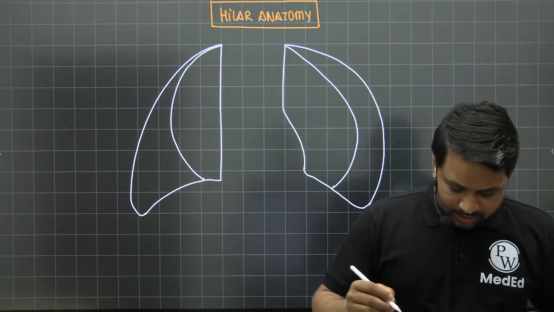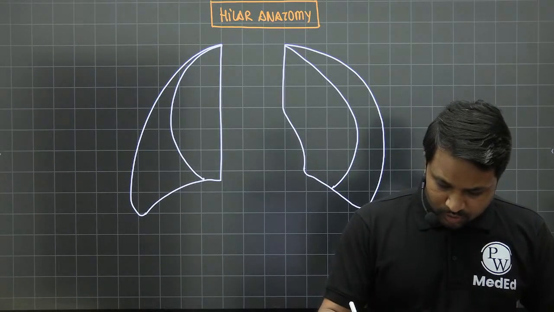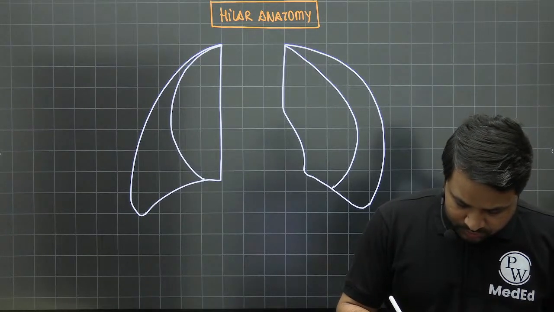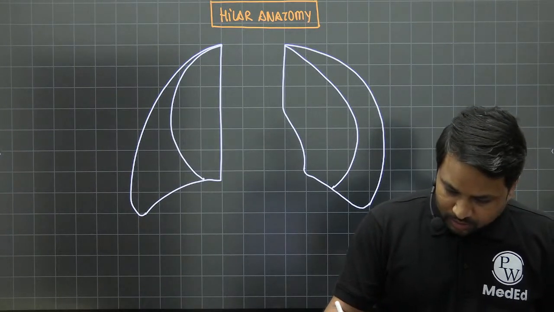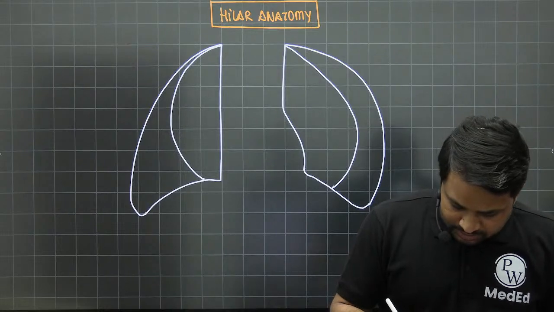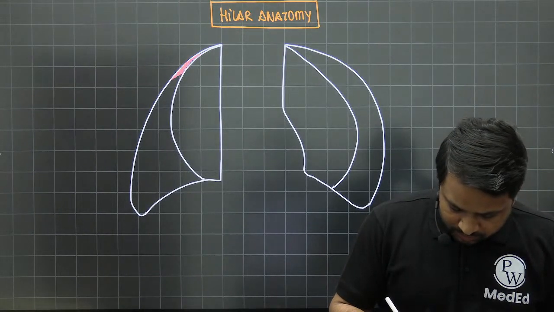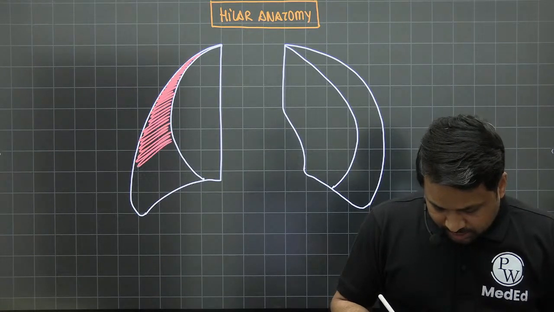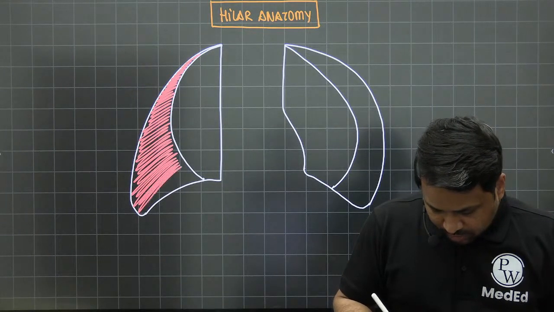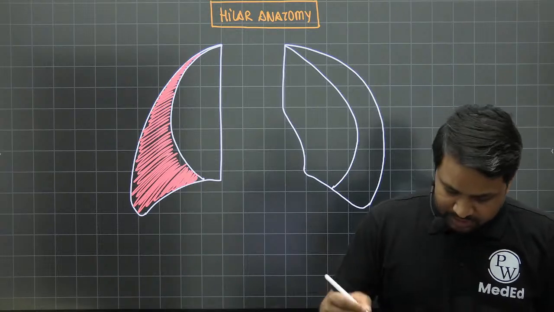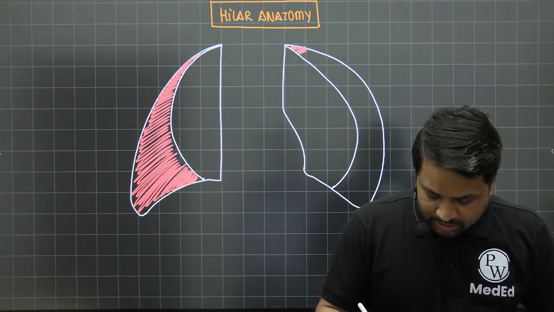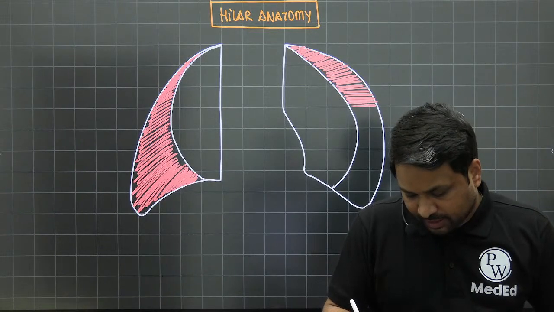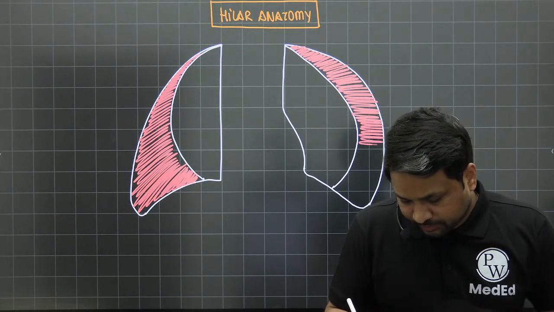Now when you look at the hilum, I'll just label this. This is the anterior part of the lung. Just for the sake of understanding, so that we don't sway it around, we'll say that this is going to be the anterior part of the lung. I'm just shading it so that you have an idea that this part is anterior, and behind it the hilar side is the posterior surface. So I've picked it up.